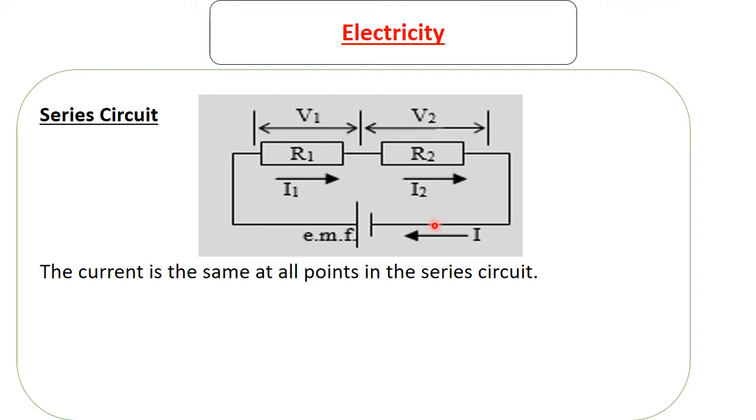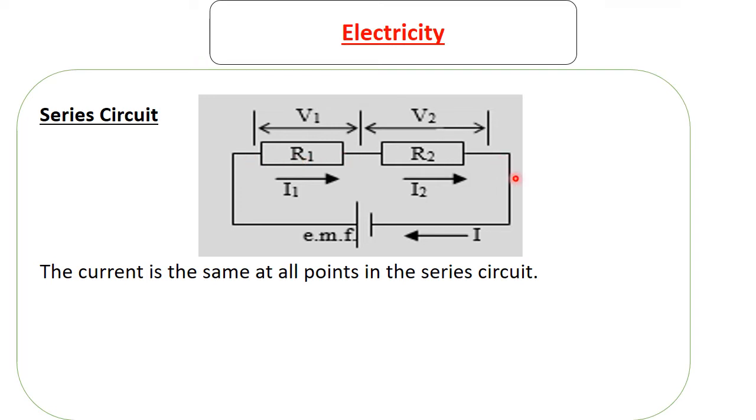You can view current to be like the volume of water that is flowing, let's say in a trench or a stream. The amount of water here is the same everywhere because there's no other path where water is flowing. So from now onwards, when we're talking about the behavior of current, we should think of the volume of water in a pipe.